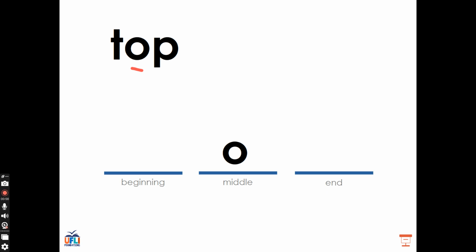If I were to sound this word out, it would look like this: /t/, /ŏ/, /p/, top. We also see this in words like mop, where again, the vowel O is in the middle, saying its short sound /ŏ/. If I were to sound it out, it would sound like this: /m/, /ŏ/, /p/, mop. So top and mop both use the short O sound in the middle.